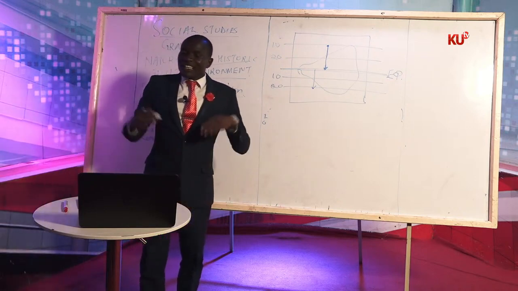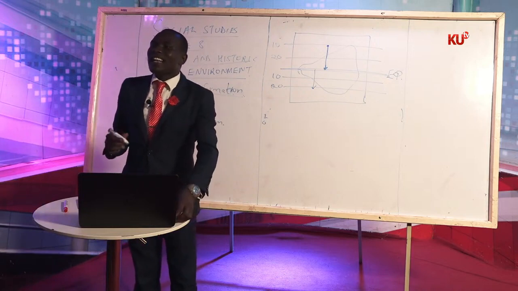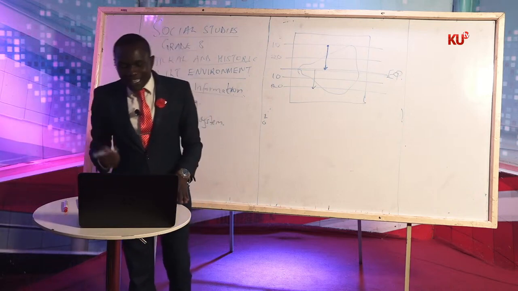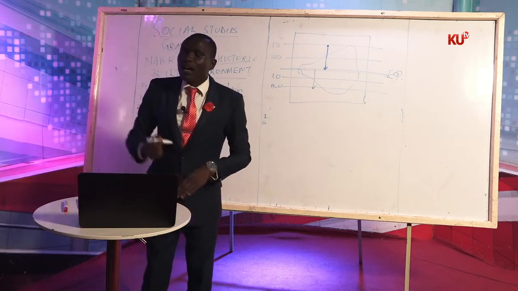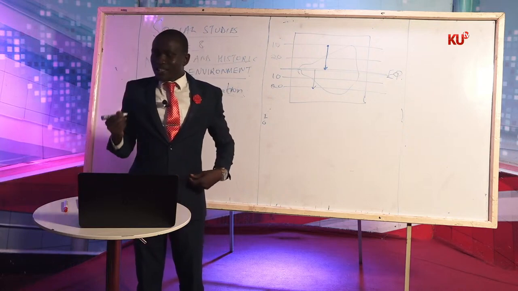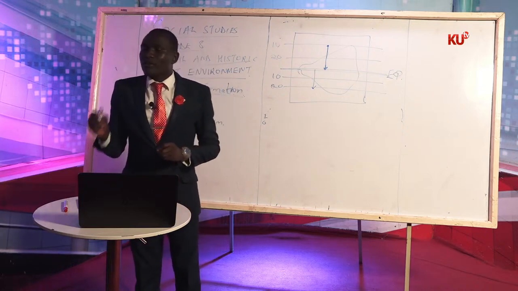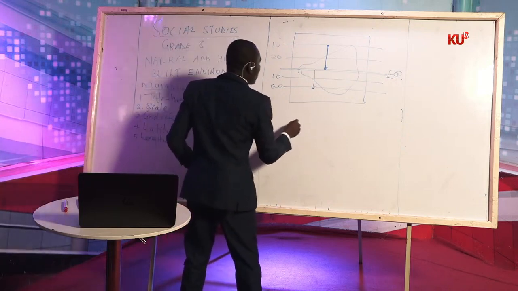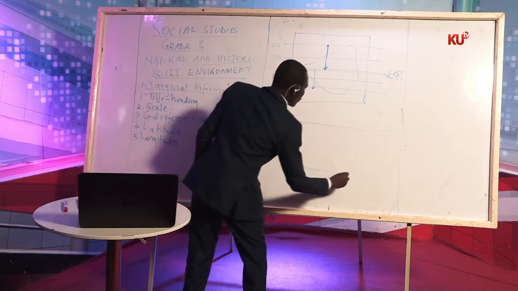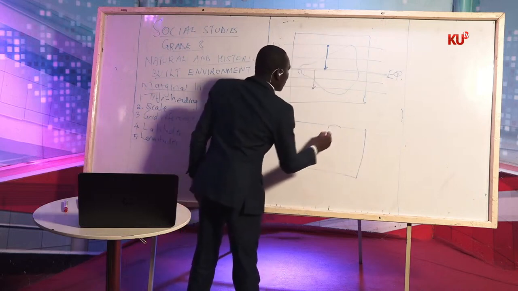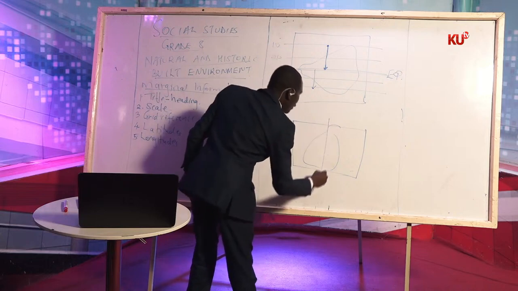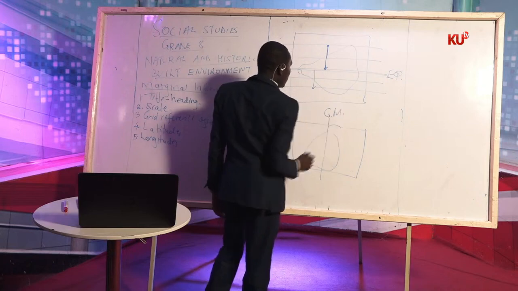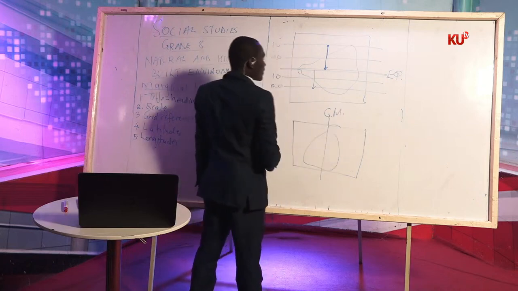Now, longitudes are vertical imaginary lines drawn on a map showing how far a place is from the east or west of the Greenwich meridian. In this case, if we have the map here, for example, this is the Greenwich meridian, and this side is the eastern side.